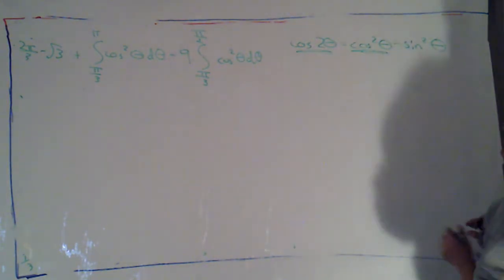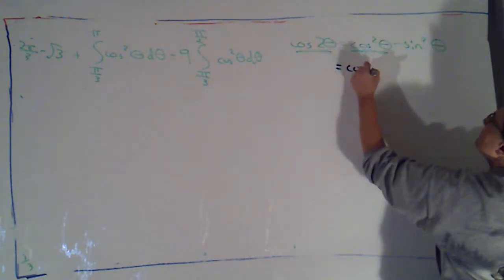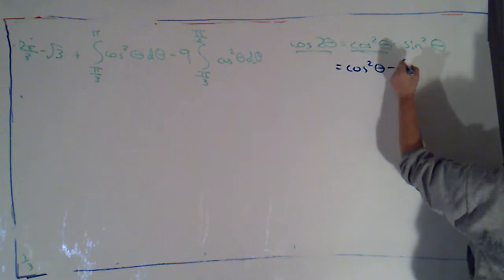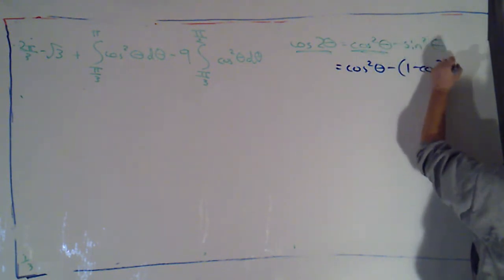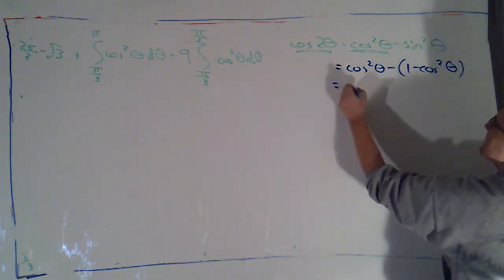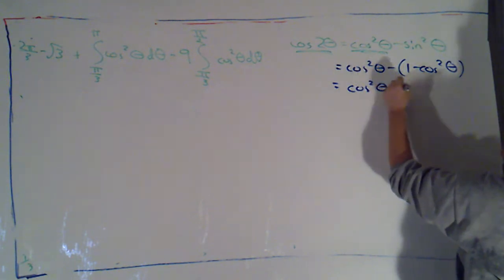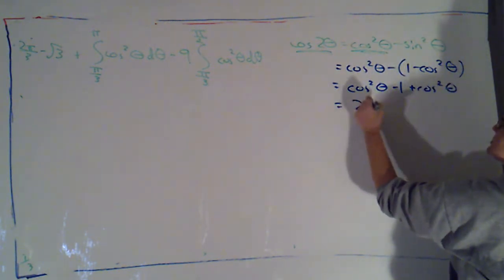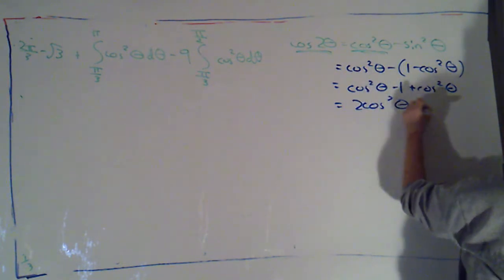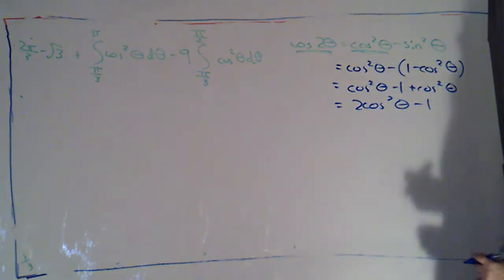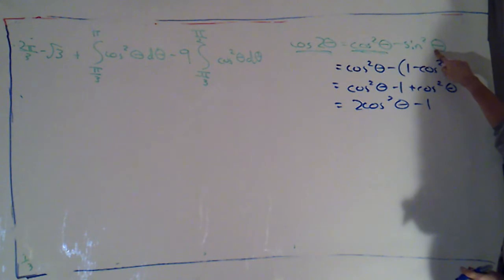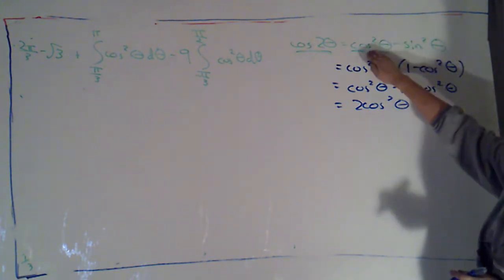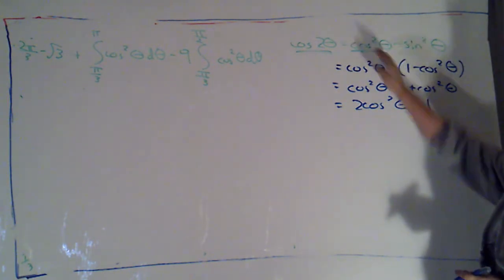Not so crazy about the sine squared piece, but I can rewrite it because sine squared is just 1 minus cosine squared. Then that's cosine squared theta minus 1 plus cosine squared theta, so that's 2 cosine squared theta minus 1. If I were integrating sine squared, I would just replace cosine squared with 1 minus sine squared.